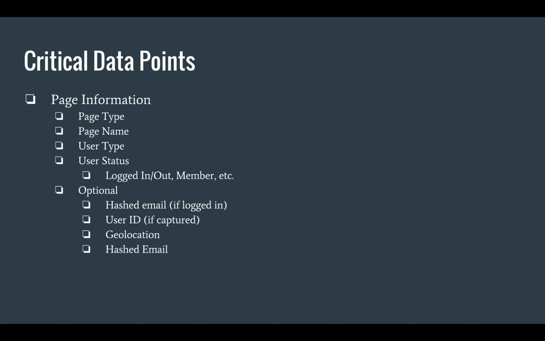User ID, if you're capturing it. We have a number of clients now that want to get into online, offline, back-end integration, so being able to identify the customer path both on the website as well as offline.